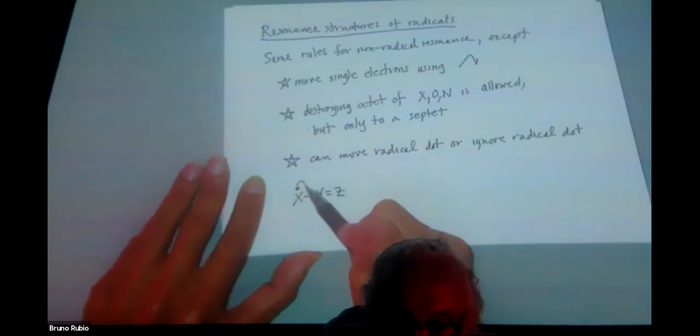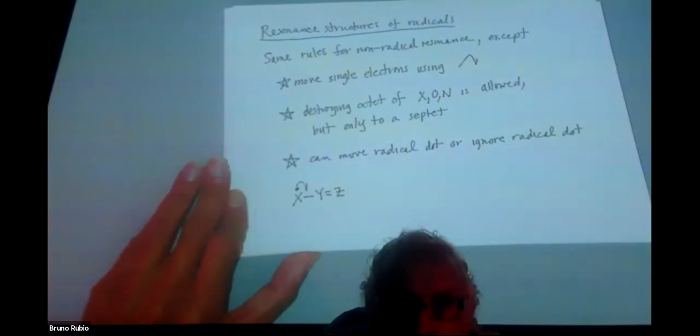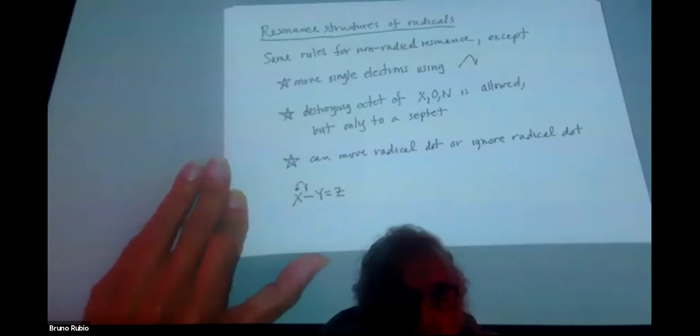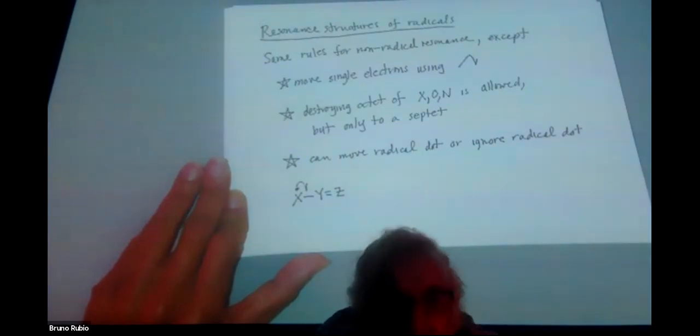So I'm going to move this dot. I'm going to move this dot here. See how I'm using the single-headed arrow? What this dot, what X, is trying to do is complete its octet. It is going to do so by destroying the octet of something else.